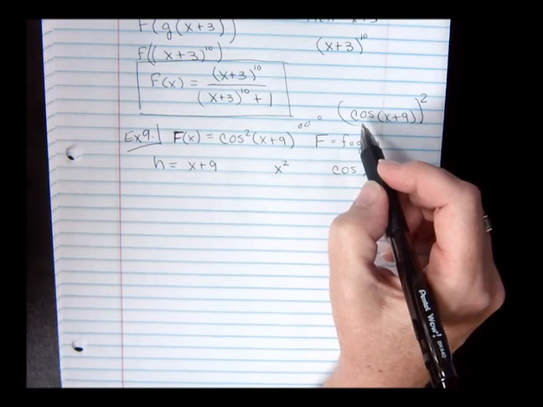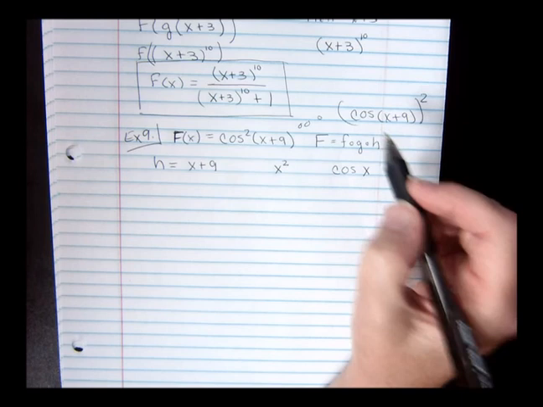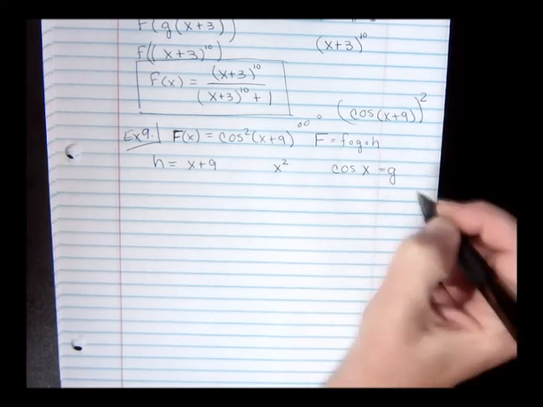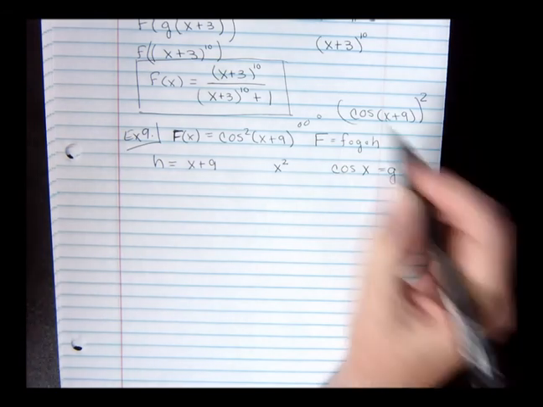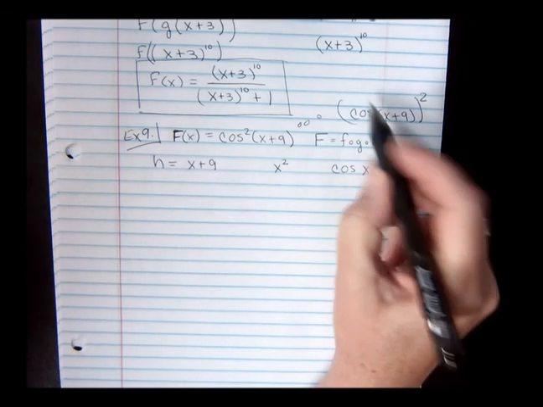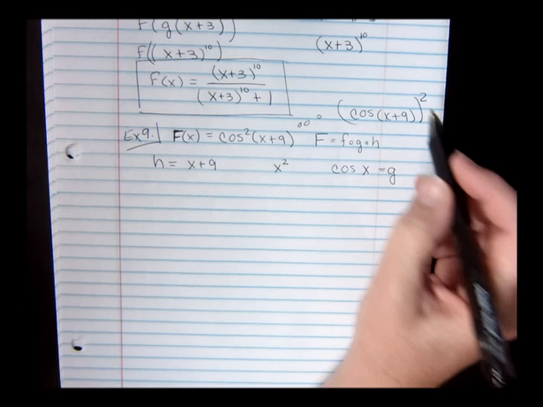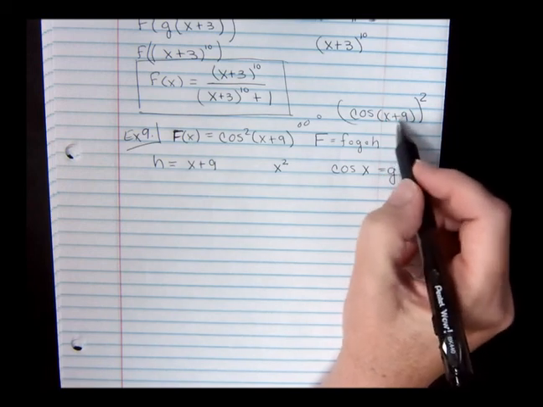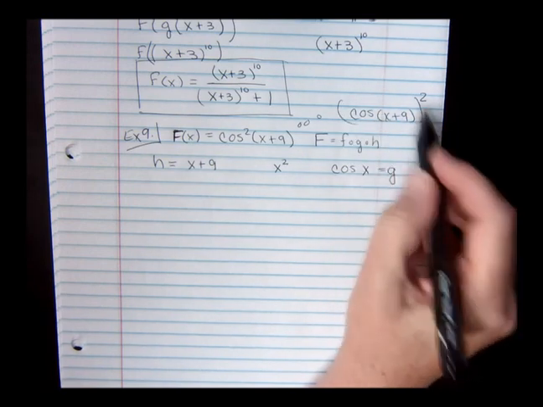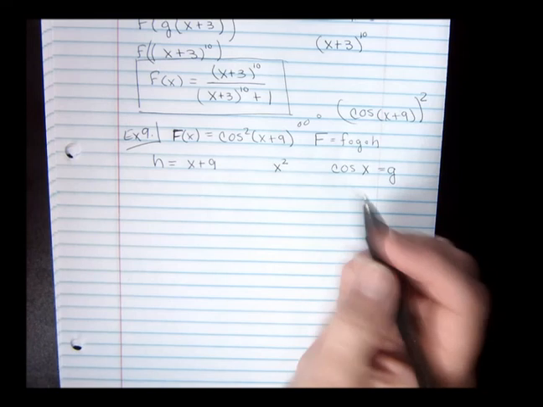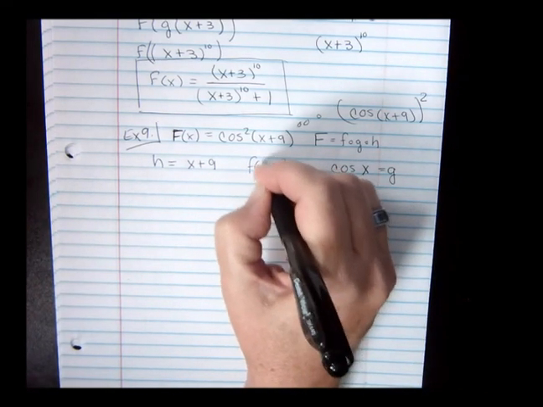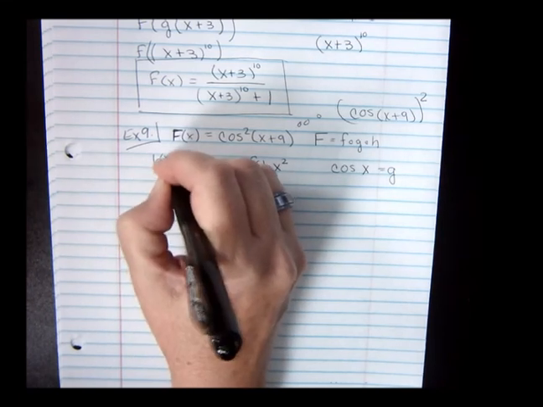So my cosine is going to be my G. And then finally, after I do that, I'm going to square it. Looking at the order of operations, what would you do if you were going to solve this? You would do inside here, take the cosine, and then square. And these are, of course, of x.